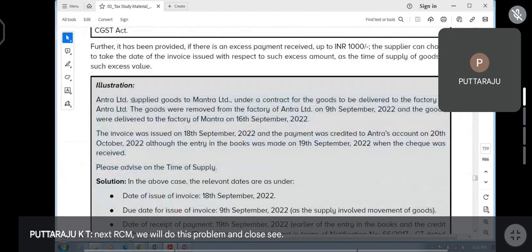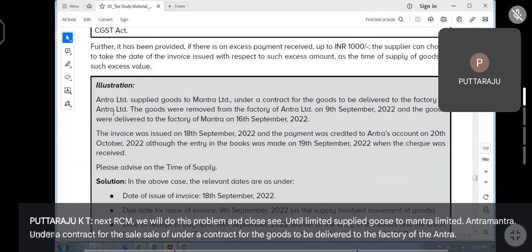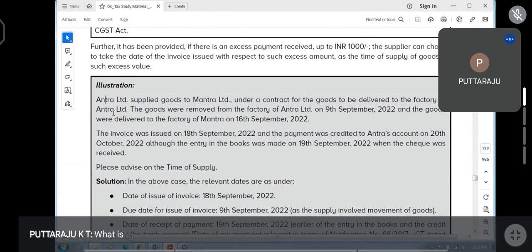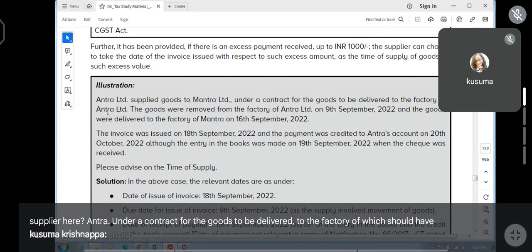See, Antra Limited supplied goods to Mantra Limited, under a contract for the goods to be delivered to the factory of Mantra. Antra supplied goods to Mantra, so the supplier here is Antra.